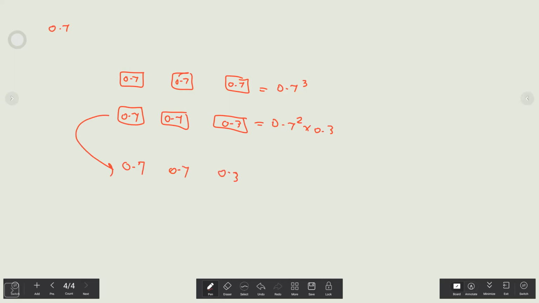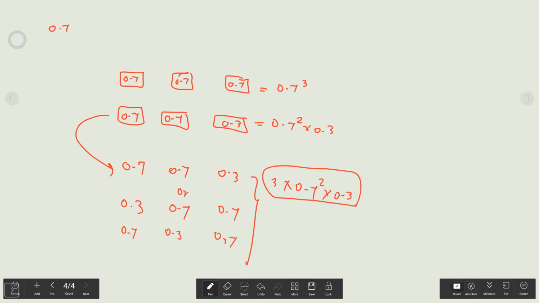That's one way. Or there's another way: miss on the first one, but score on the next one and score on the next one. And there's another way: score on the first, miss on the second, and score on the third. So you now have 3 different possibilities. The answer will be 3 times 0.7 squared times 0.3.